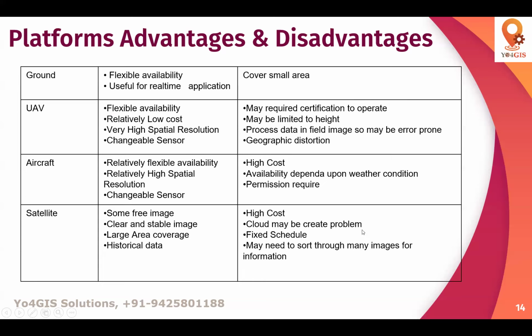Cloud may create problems. Fixed schedule, may need to sort through many images for the information. Whenever we are talking about satellite based remote sensing, the cost is very high if you are going with high resolution images. Some satellite images are free to download and free to use, but the very updated images we need to pay for.